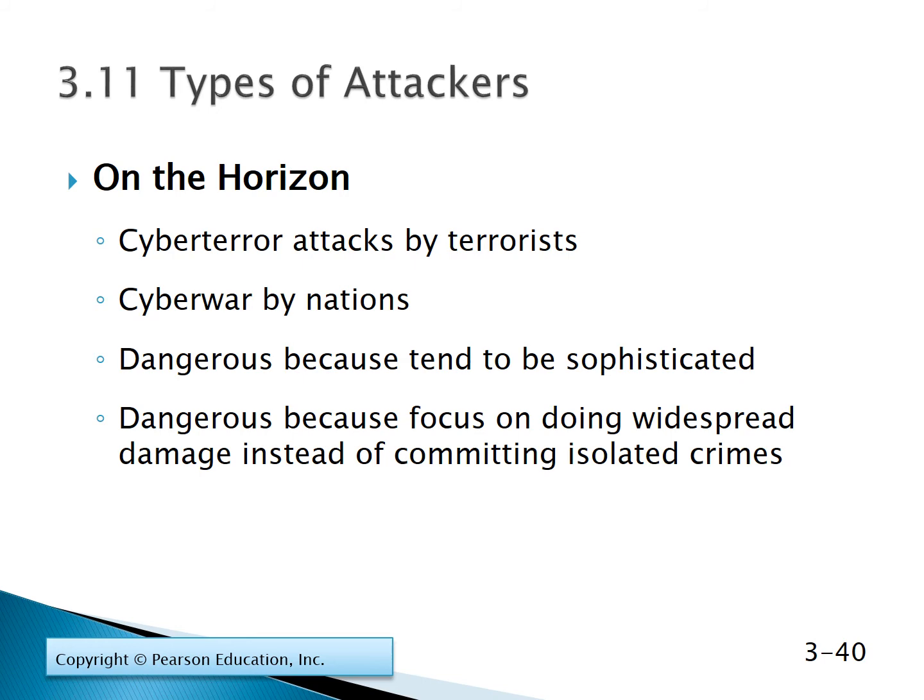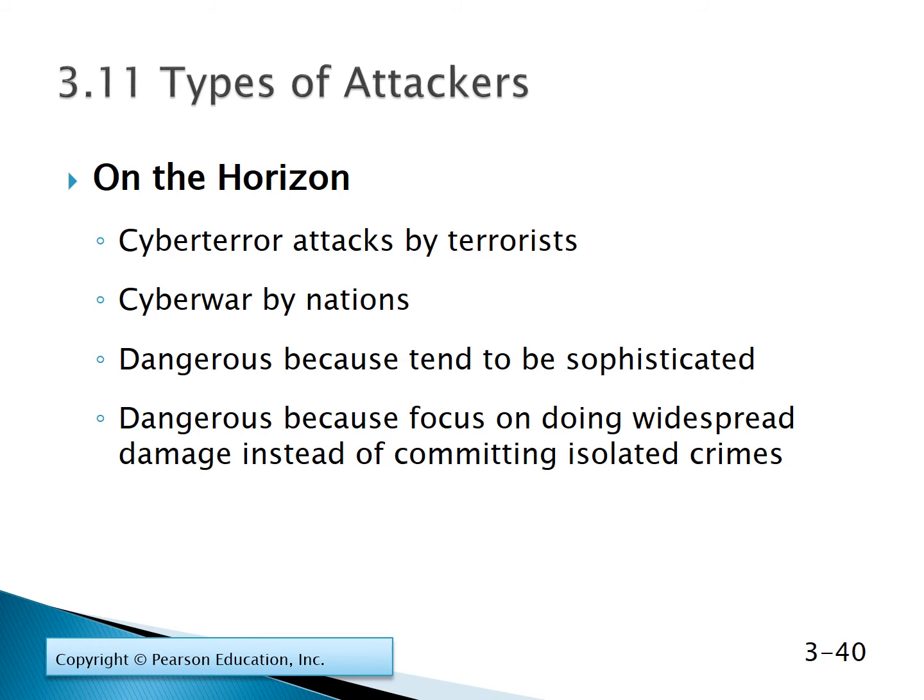On the horizon, we know there are also cyber terror attacks by terrorists. Many of the terrorist groups are actually using cyber attacks, again, could be on government websites, on large company websites, or on the networking infrastructure of a whole city or even country.